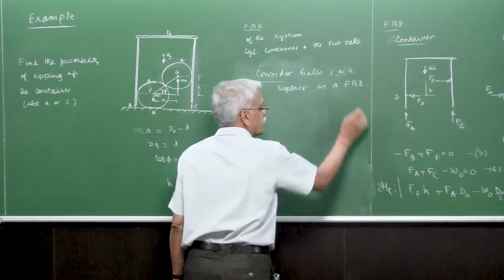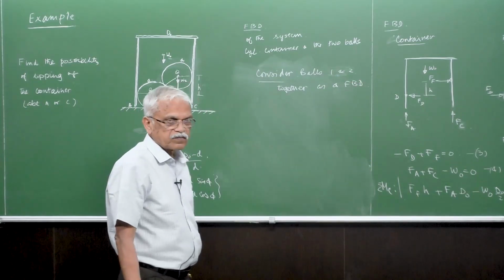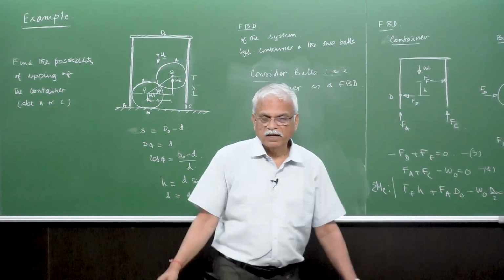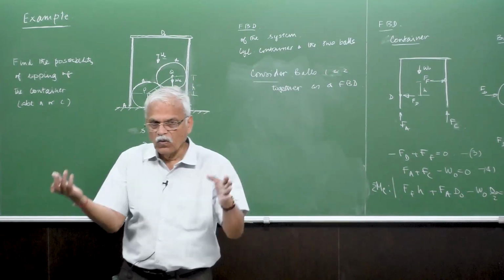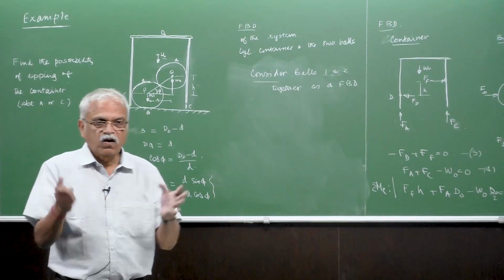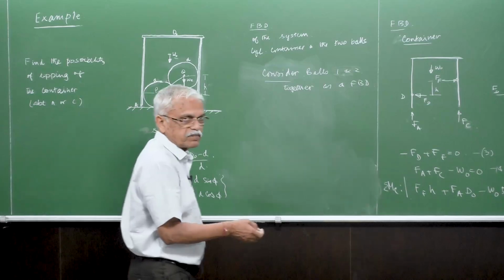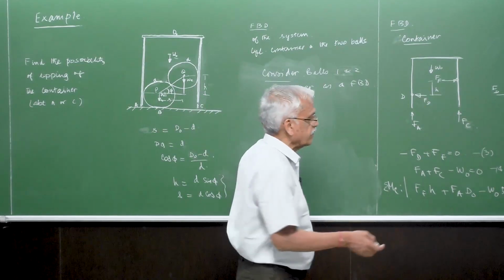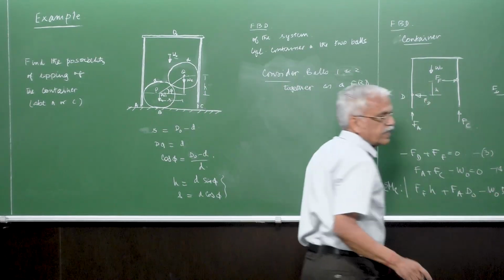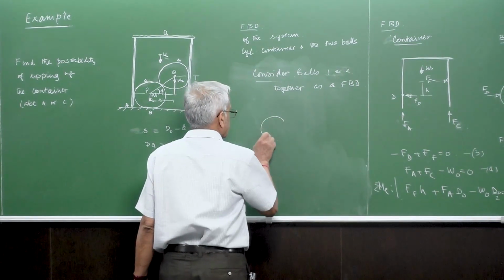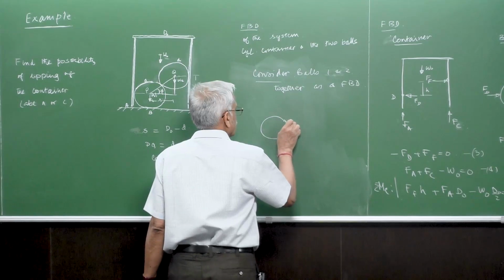So this is the beauty of free body diagrams, the beauty of static equilibrium, where you can consider the whole system under equilibrium, or even a part of it, any part of that is also under equilibrium, depending upon your convenience. So if you want to eliminate this Fe, for example, and make a simpler thing.